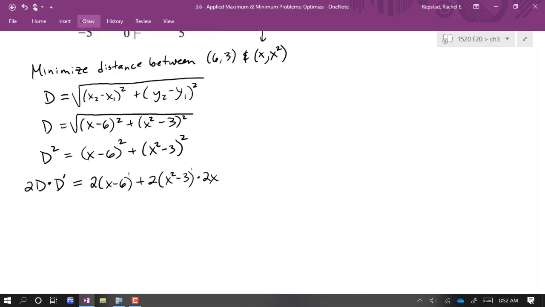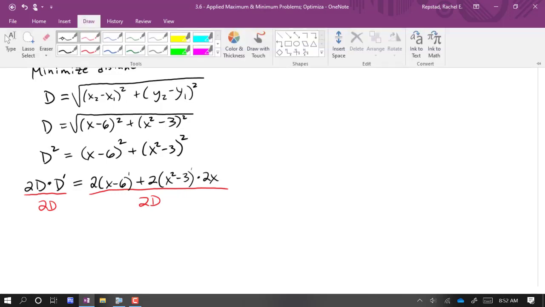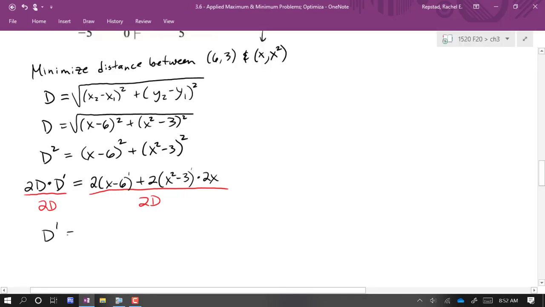We have a couple of options, but I'm going to start just by dividing both sides by 2 times d. That way I get the d prime by itself. And I'm going to cancel these 2's.